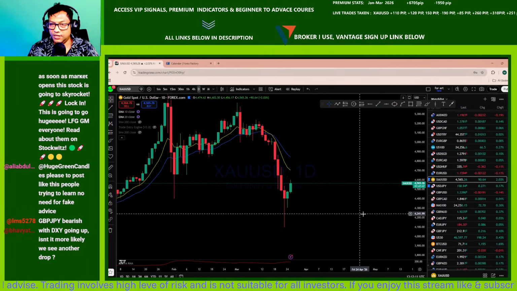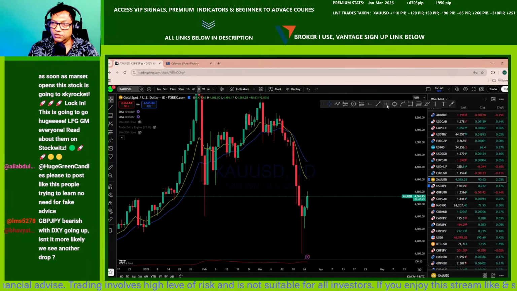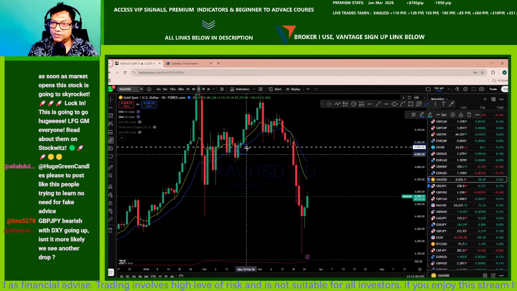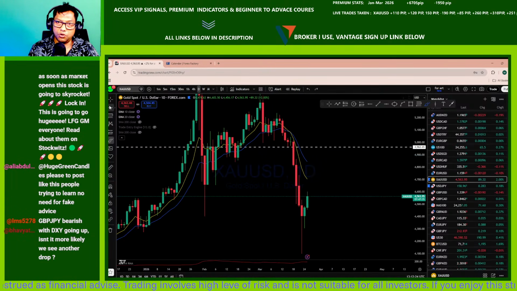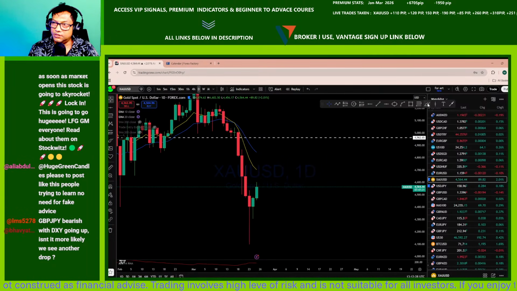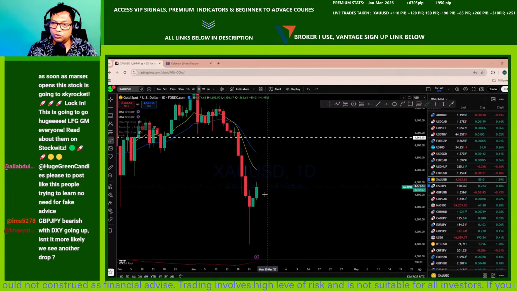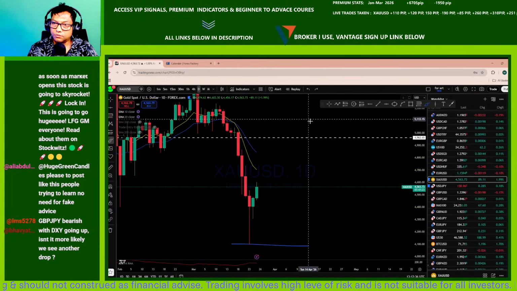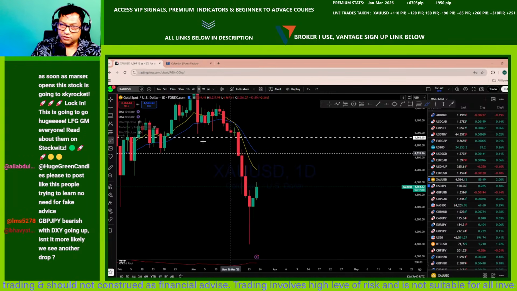On XAUUSD, this is the daily price action that you can see, and this is support here, which is a key level of support on XAUUSD. From this zone here, it dropped entirely back below to this support, and from here the market is slowly making its way back to the upside.